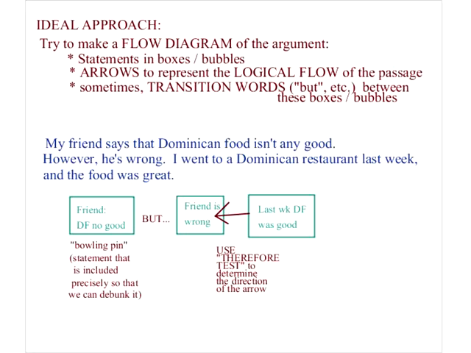The way a therefore test works is you try it each way, and then you use your intuition to figure out which way makes sense and which way doesn't. So if you try, my friend is wrong, therefore last week's Dominican food was good, that makes no sense at all. But if you say last week's Dominican food was good, therefore my friend is incorrect, there you go.